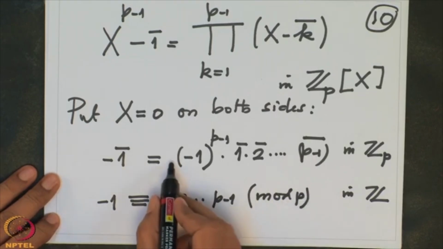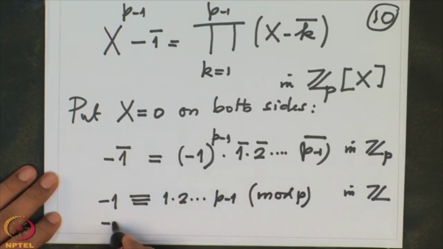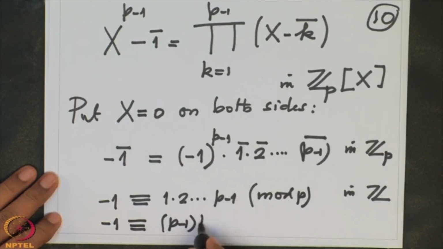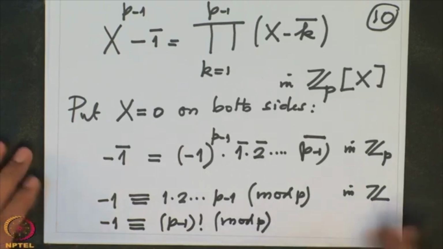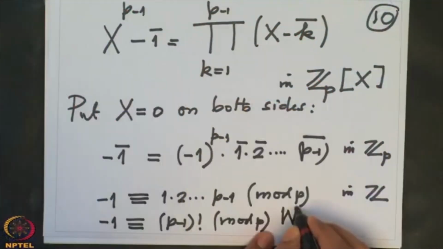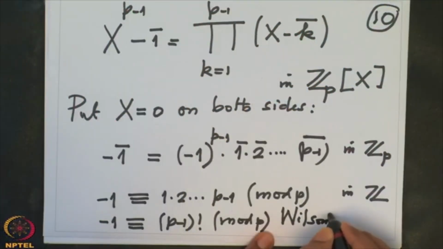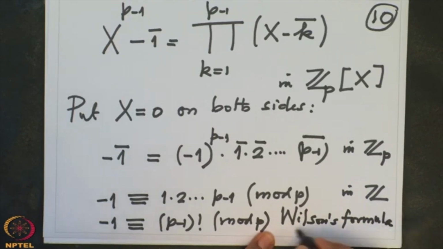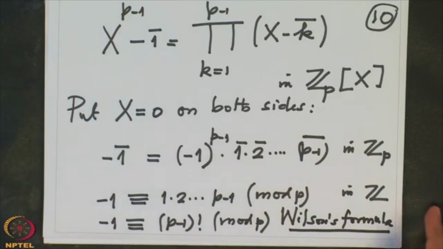That is the meaning of the above equation. But this means minus 1 is congruent to p minus 1 factorial mod p. This will remind you of a theorem which you might have proved in your college days. This is called Wilson's formula. Okay, so we will continue after the break our study of polynomials and the zeros. Thank you.